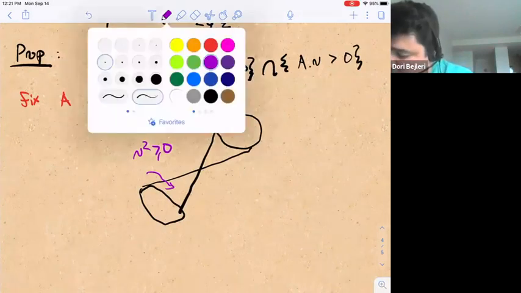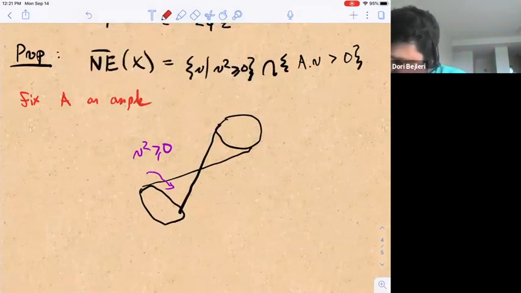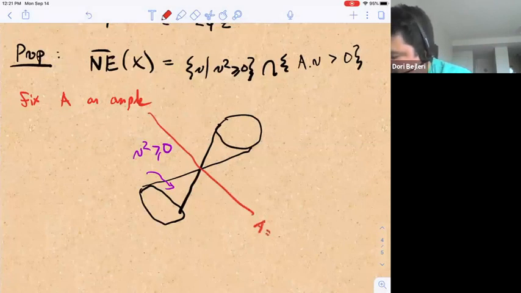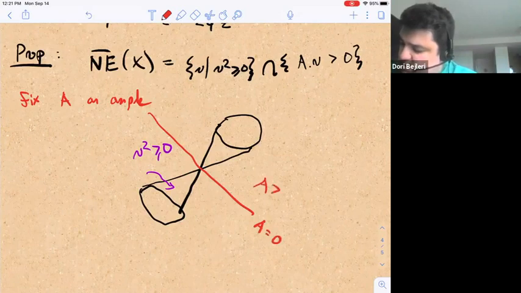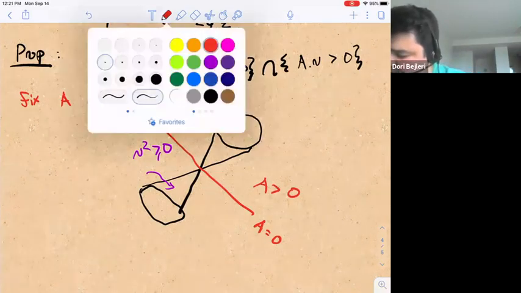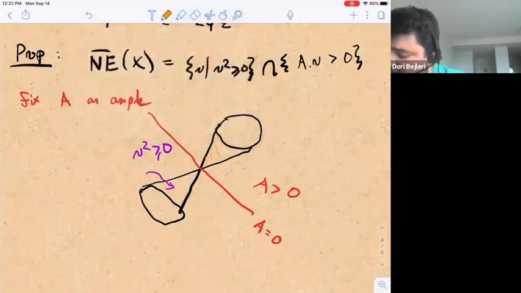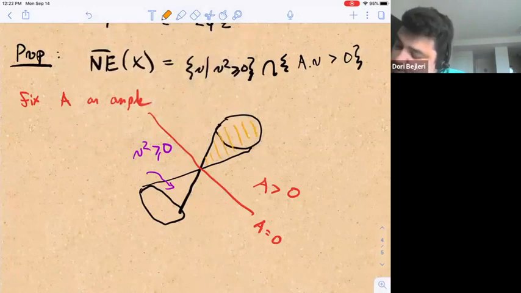And then A defines for us some hyperplane. This is A equals 0. And so intersecting with A greater than 0 is like saying we're picking out half of this kind of two-sided circular cone. And so we get that our N-bar of X will be this thing over here.